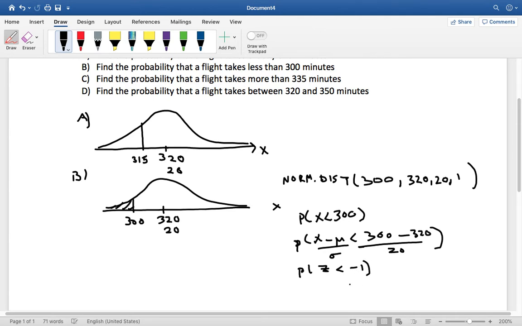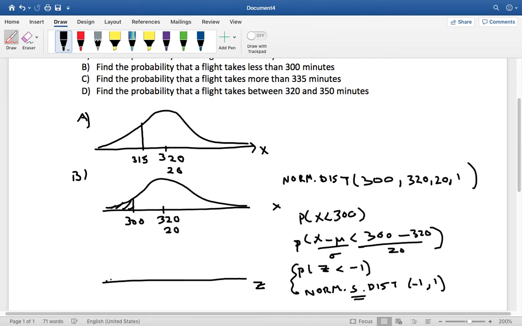And then we can just use NORM.S.DIST, because it's standard normal now, of negative 1. I don't have to tell it the mean and standard deviation, because we know it's a standard normal. So I'm just going to put a 1 or true, saying I want to find the area. Effectively this is the same question, but on the z distribution.